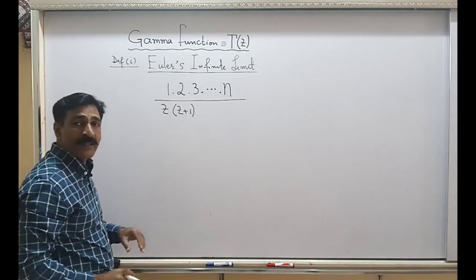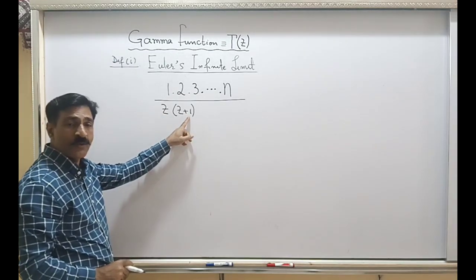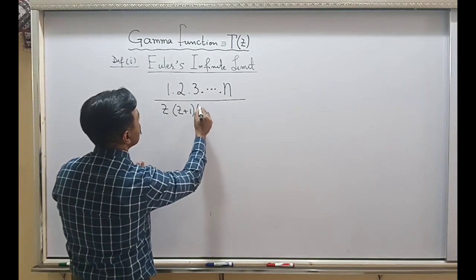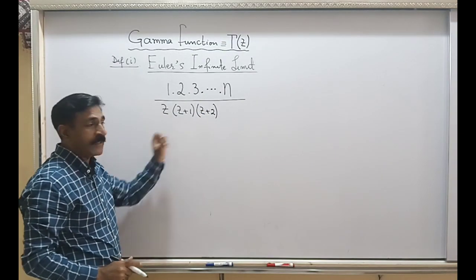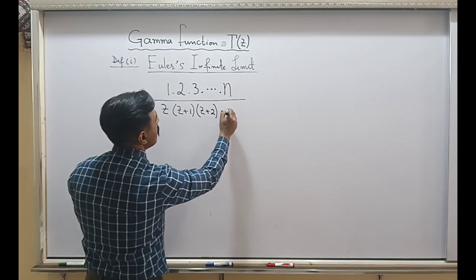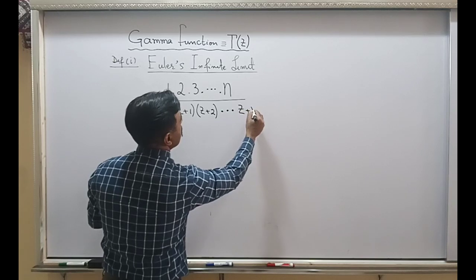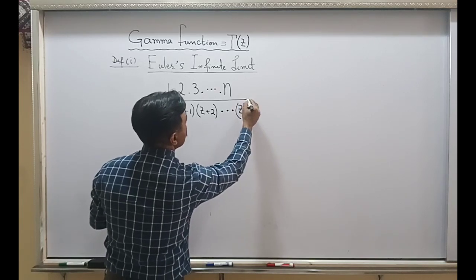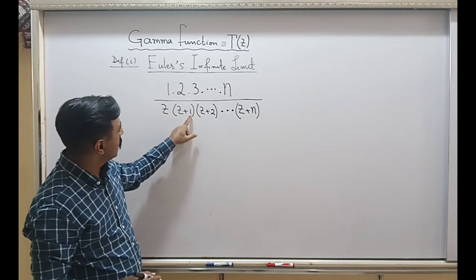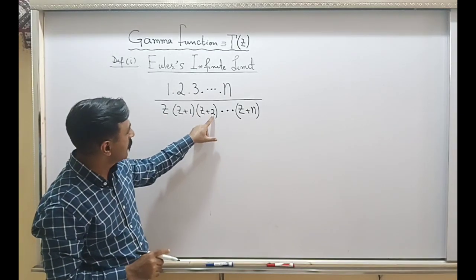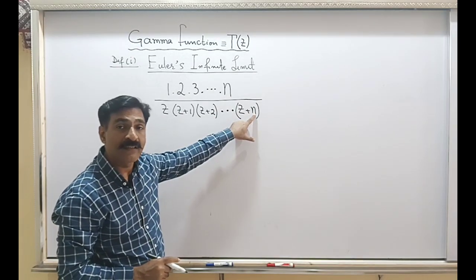How many factors have been multiplied? 2 factors. This is factor number 1, this is factor number 2. Multiplied with z plus 2. How many factors multiplied? 3 factors. And so on, z plus n. How many factors in total in the denominator now? First factor, this is second factor, this is third factor, and this is n plus 1 factor.